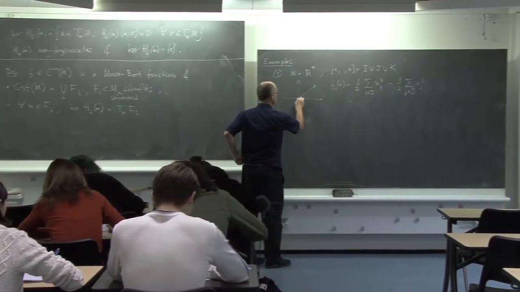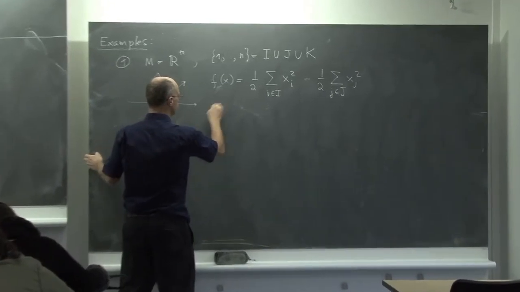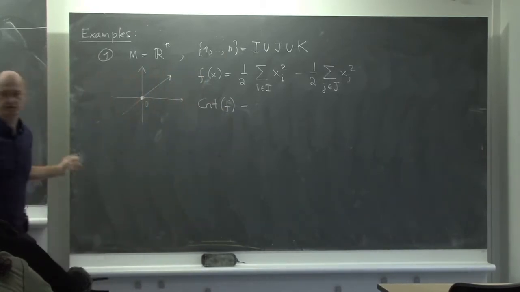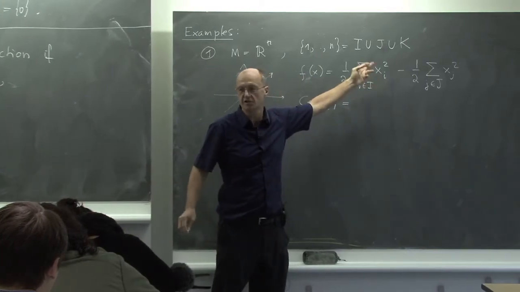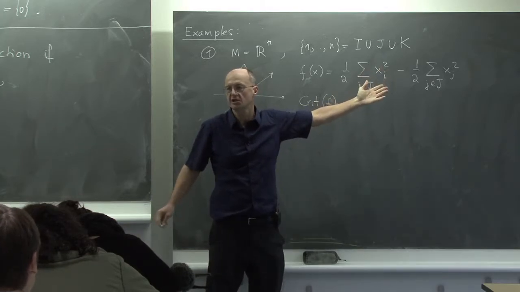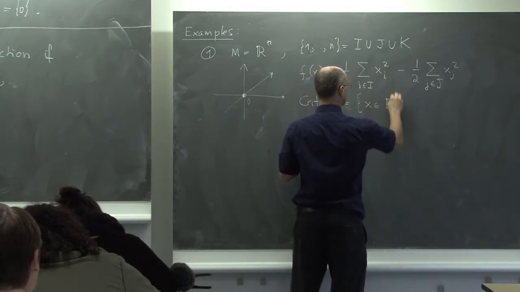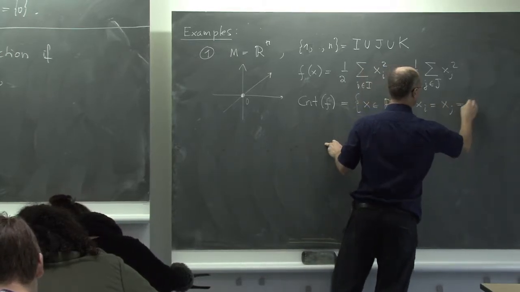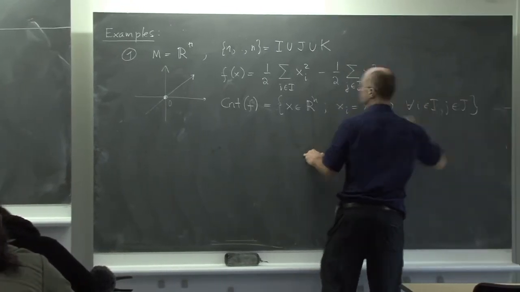Now, what's the critical set of f? It's clear if you take the differential. The differential will be the sum of x_i dx_i minus the sum of x_j dx_j. So for the differential to vanish, you need the coordinates x_i and x_j to vanish.